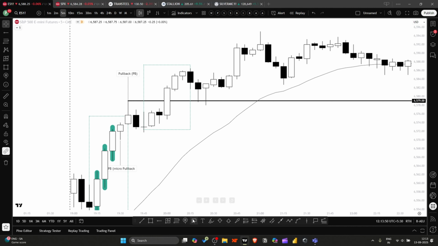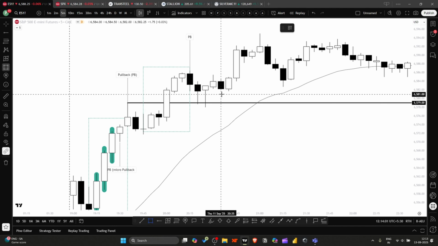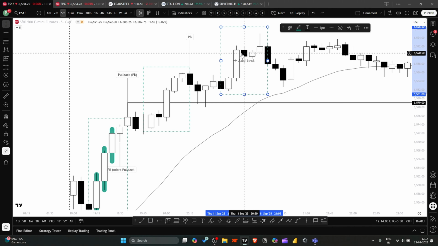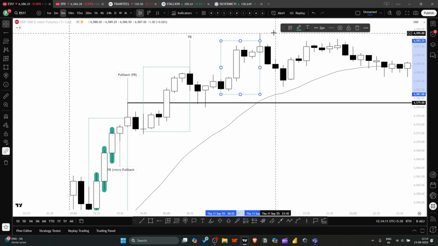So this is again a pullback bar. Spike 1, spike 2. Again, when did the breakout start? This is pause, micro pullback because 1, 2, 3. The third bar broke out and this is the pullback bar.